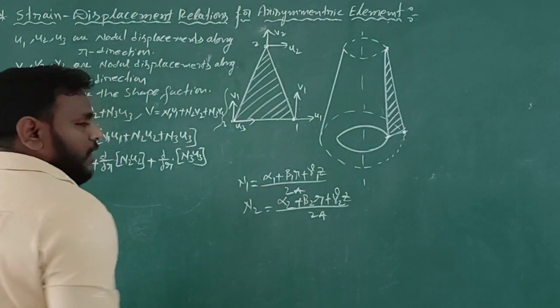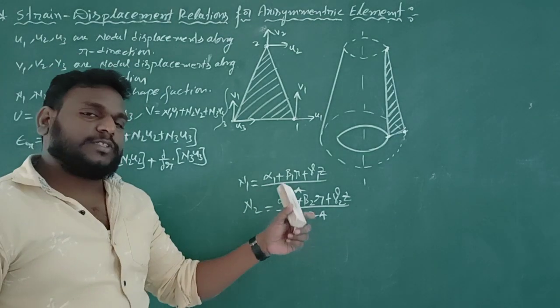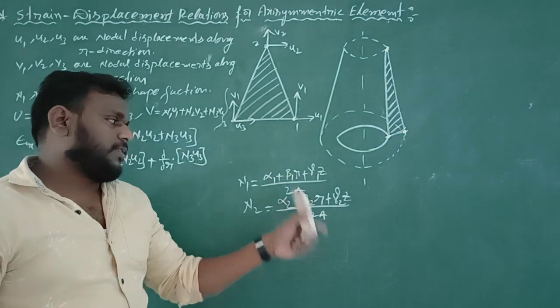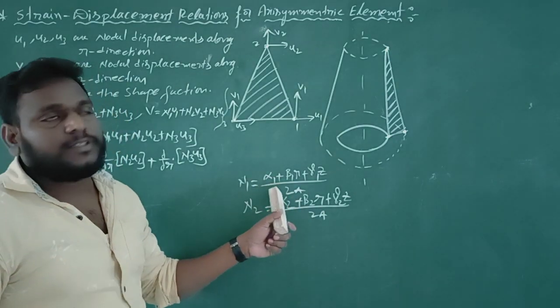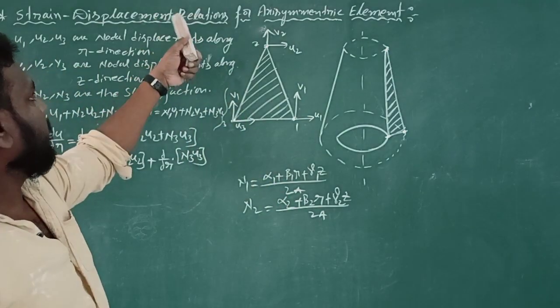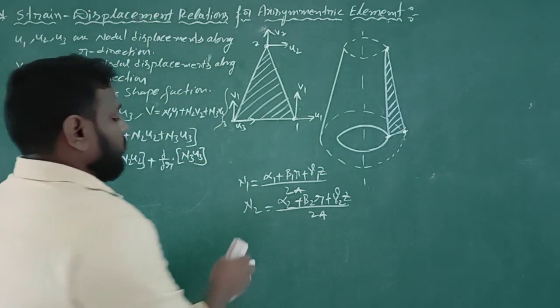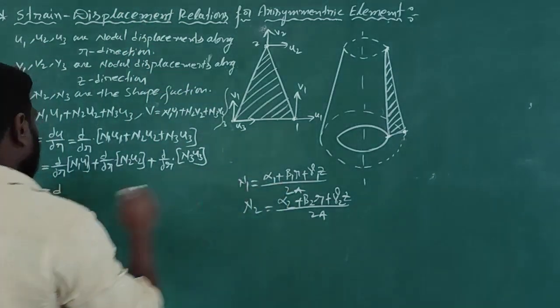I have already done a video on the shape functions derivation, so please see that. After deriving the shape functions, we have to see this equation. Okay, so I am putting these values here.